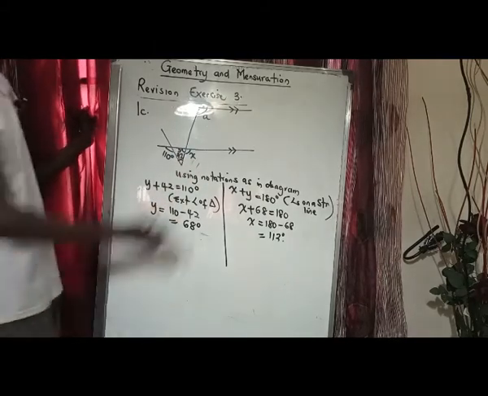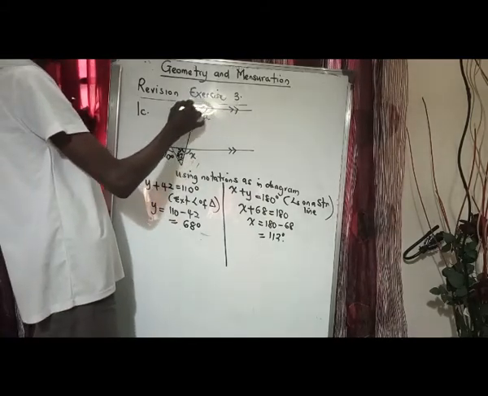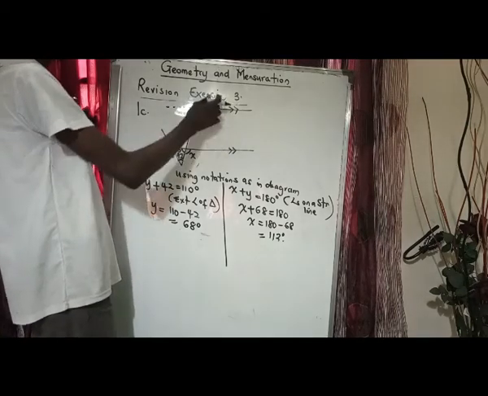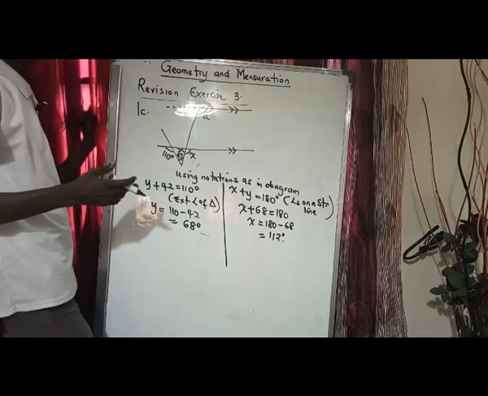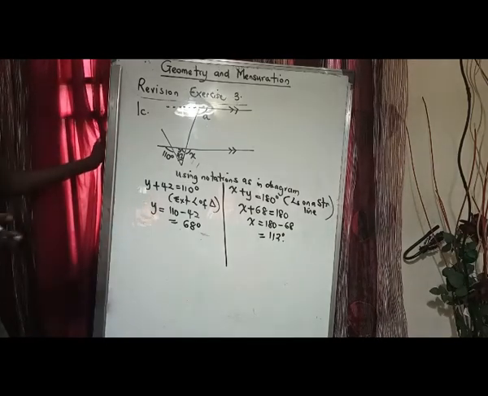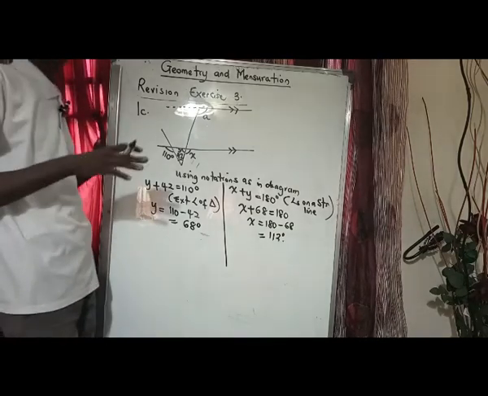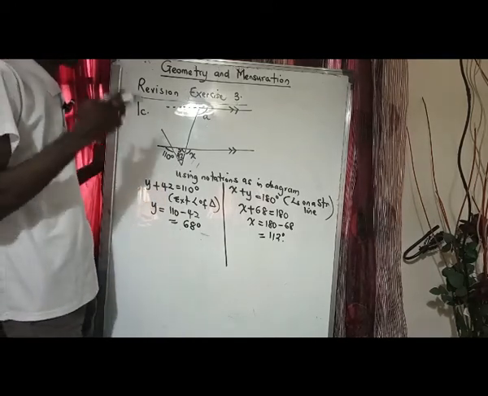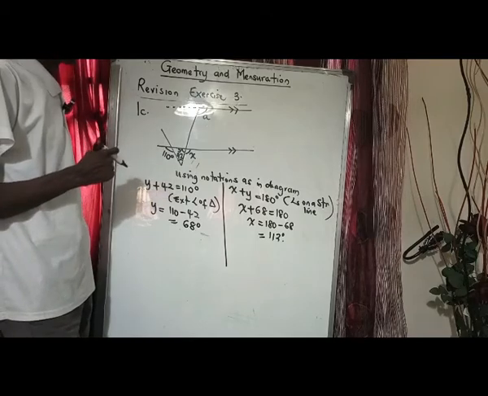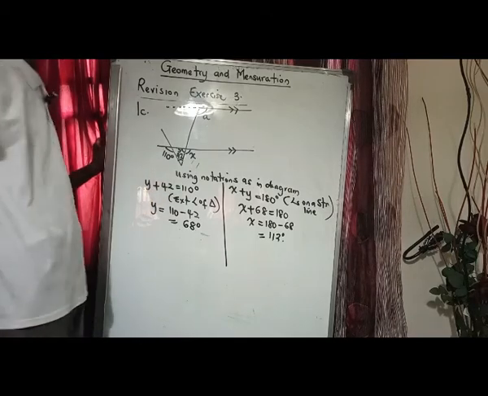Now, if you look at these, they are parallel lines with a transversal cutting through. We said that when parallel lines are being cut by a transversal, 3 to 4 types of angles are identified. We have corresponding, we have allied, and we have alternate. Let's see about 3 major ones.